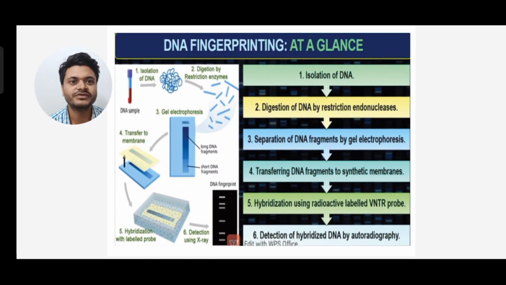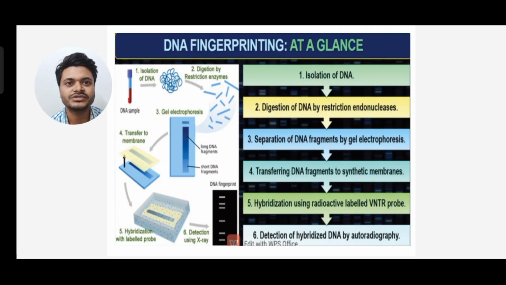So this is DNA fingerprinting at a glance. First is the isolation of DNA, second is the digestion of DNA by restriction enzyme, third is the separation of DNA fragments by gel electrophoresis, fourth is the transfer of DNA fragments to a synthetic membrane, fifth is hybridization using radioactive labeled VNTR probe, and sixth is detection of hybridized DNA by autoradiography.